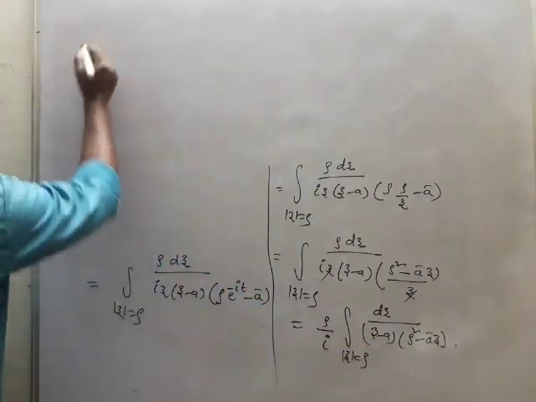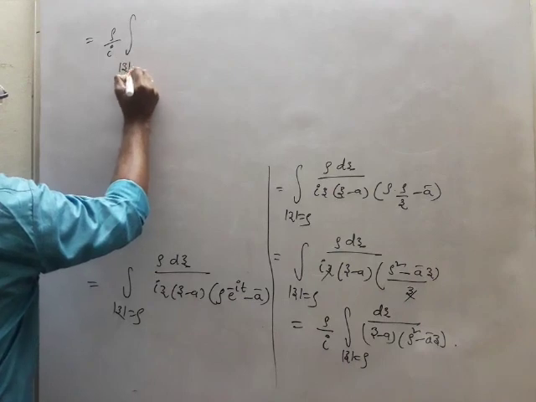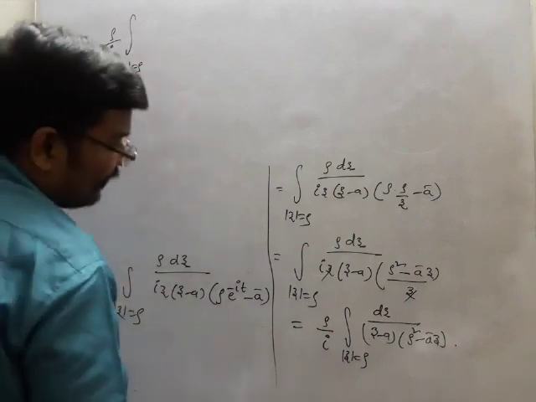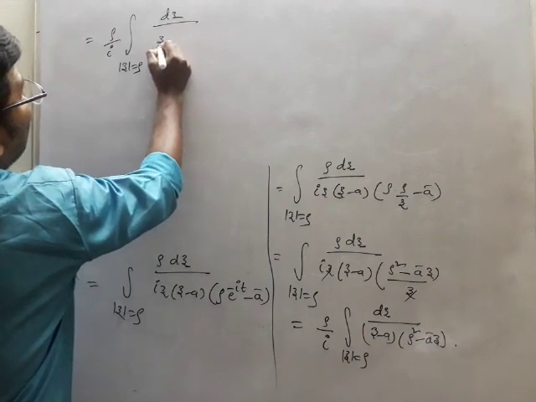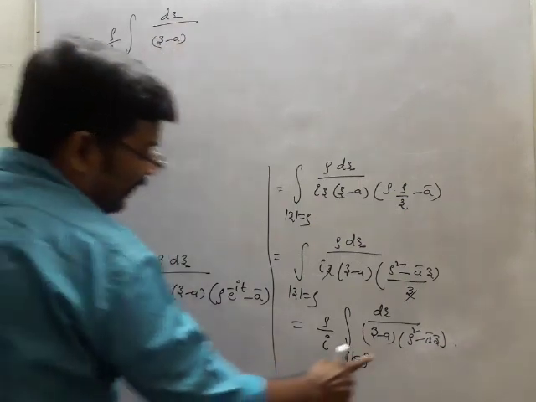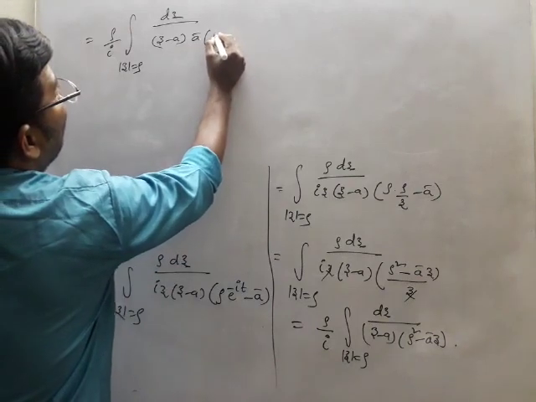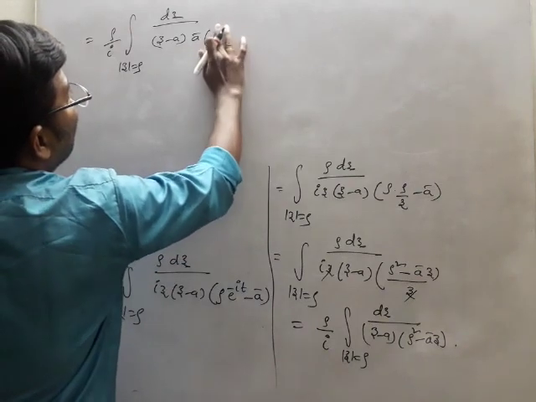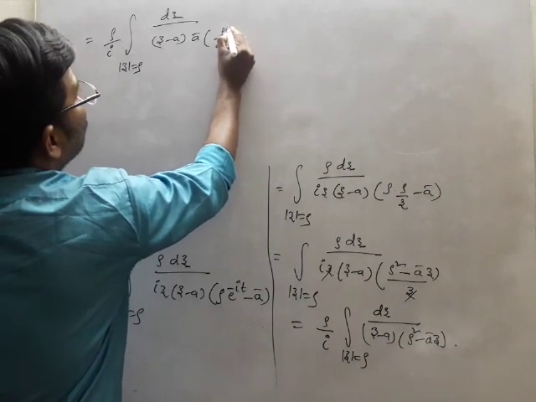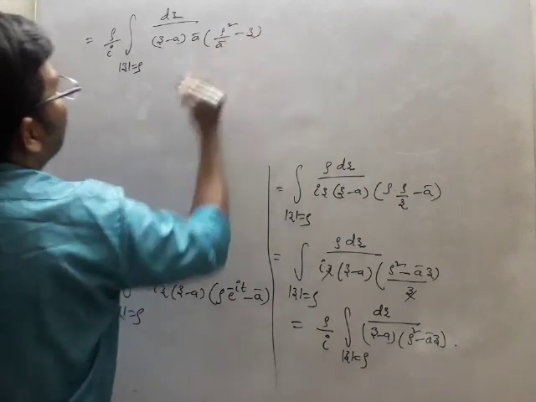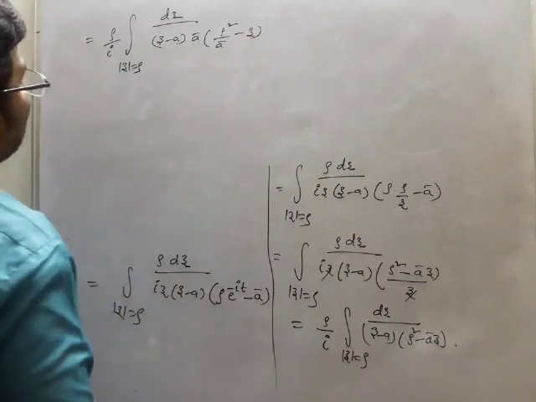Okay, then that becomes as rho by I integral mod z is equal to rho. This is dz by z minus a. So if I take a bar common here, a bar into rho square by a bar minus z, rho square by a bar minus z.